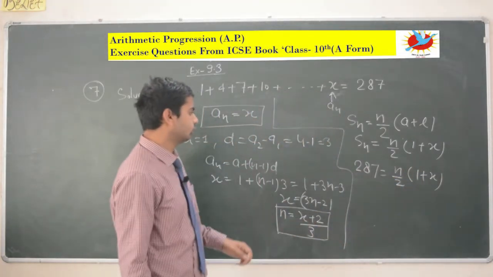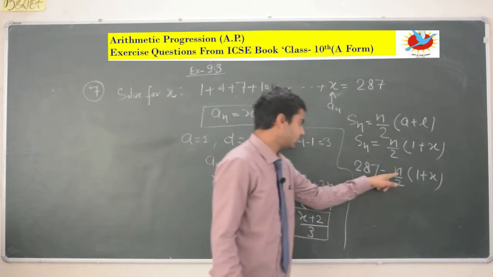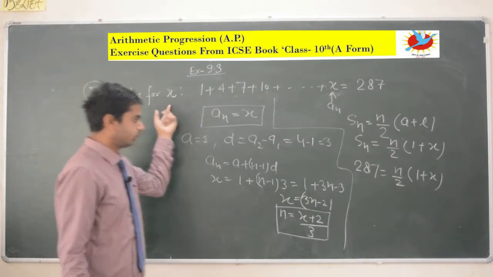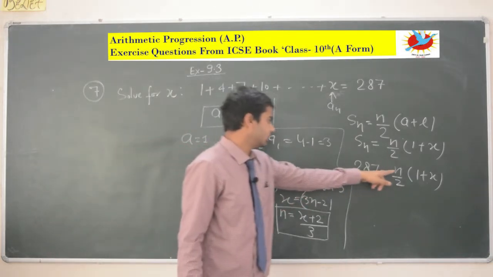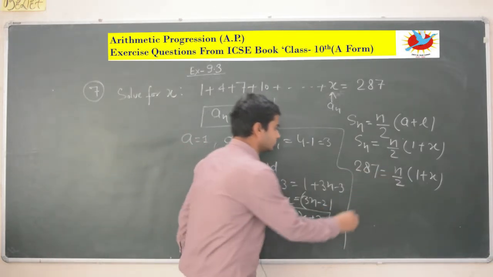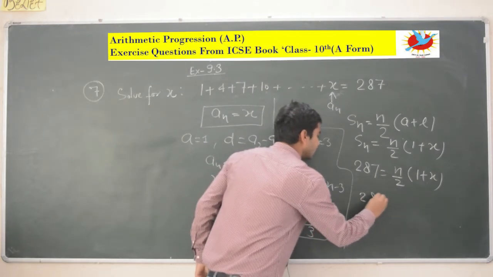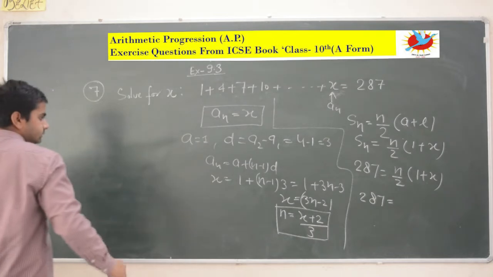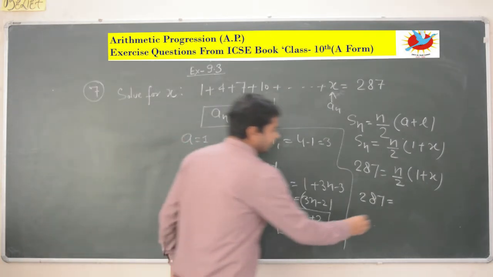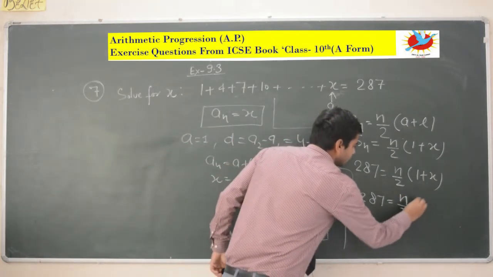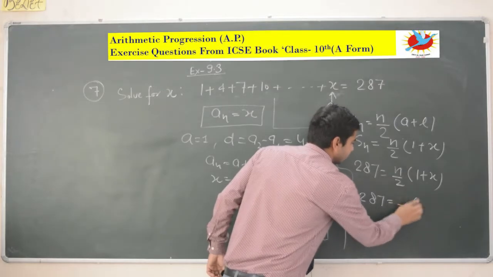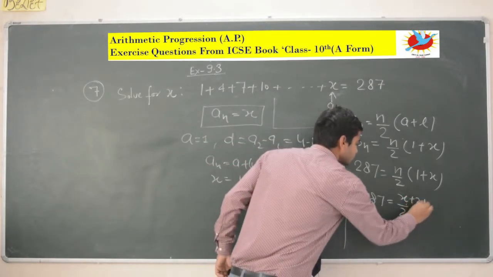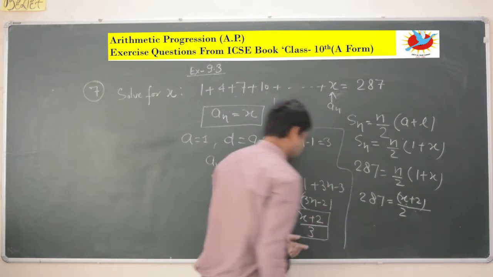Here we have two variables, one is n, another is x, but we have to calculate the value of x. So put the value of n in terms of x. So this will become 287 equal to n by 2, where we put the value of n as x plus 2 divided by 3.